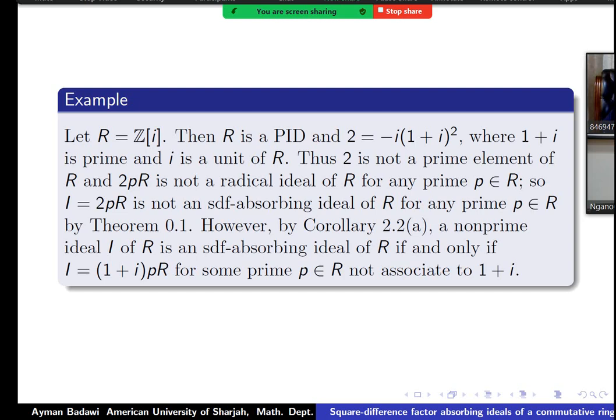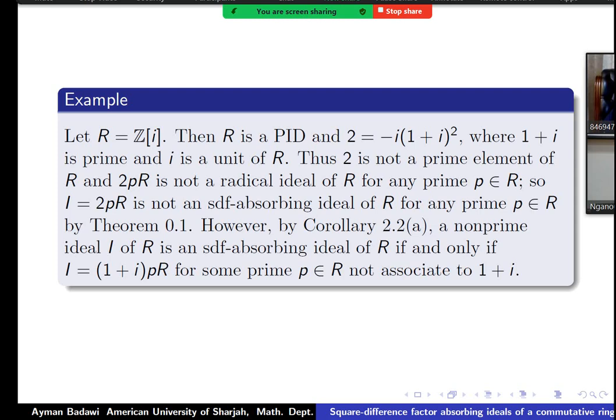Okay? So you're going to ask me, what are the SDF absorbing ideals in this ring? This is how they should look: (1+i)P for some prime P in R not associative to 1+i.